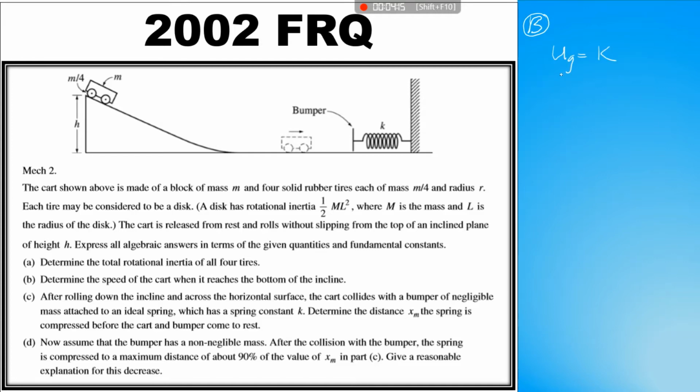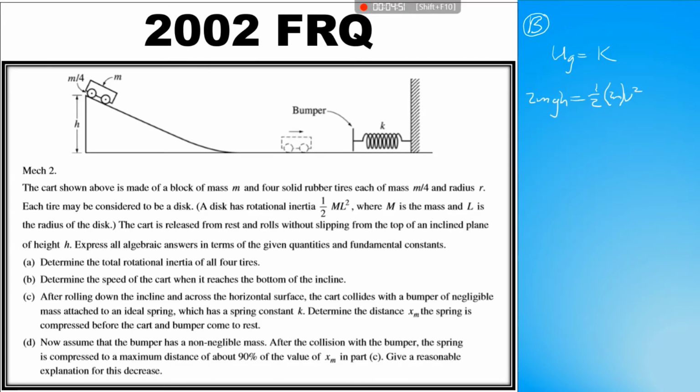So what should the potential energy be? 2mgh, 2 lowercase mgh, equals 1/2 times 2m v squared. So 2 cancels out there, and then hold on.